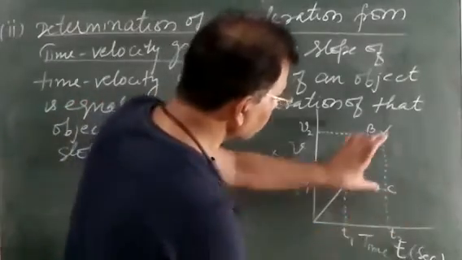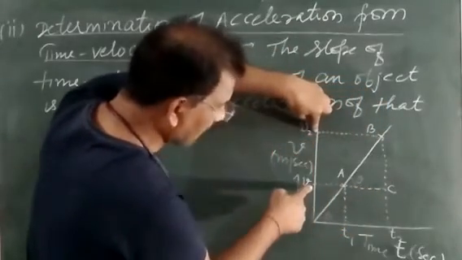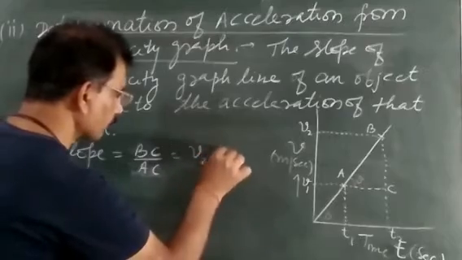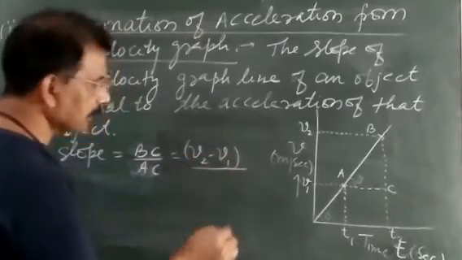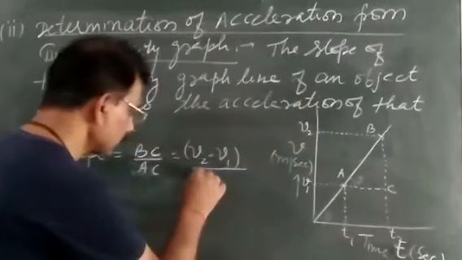And BC, what is BC? You can find BC is V2 minus V1. So you can write here BC is V2 minus V1 upon AC. AC is T2 minus T1.